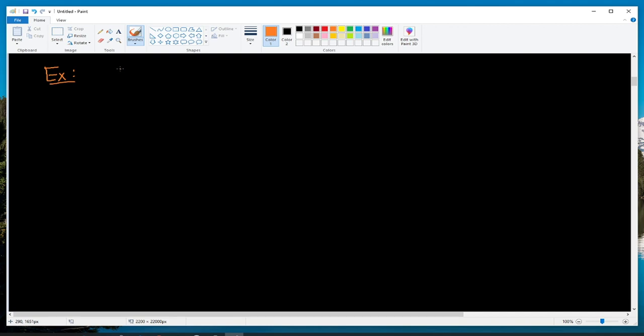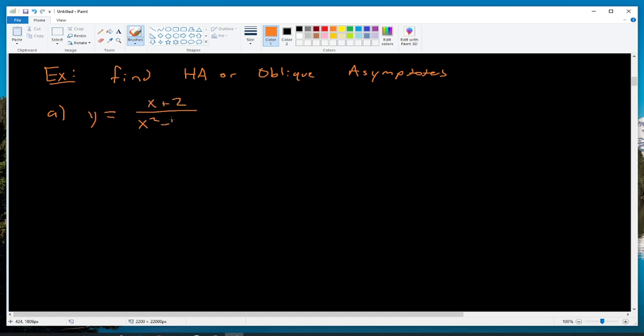Okay, so we want to find horizontal or oblique asymptotes. So we got case A: how about if y equals x plus 2 over x squared minus 4x plus 1?